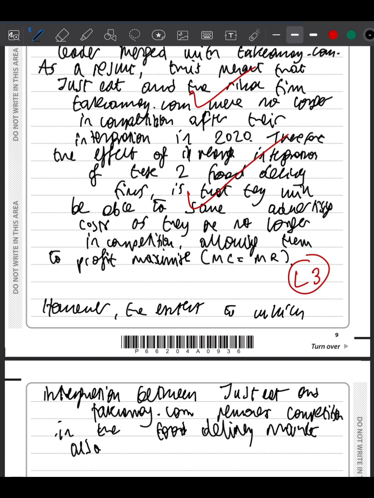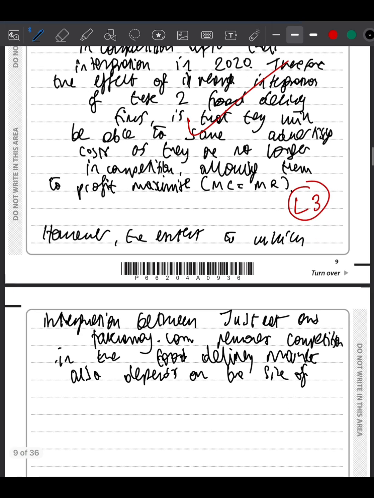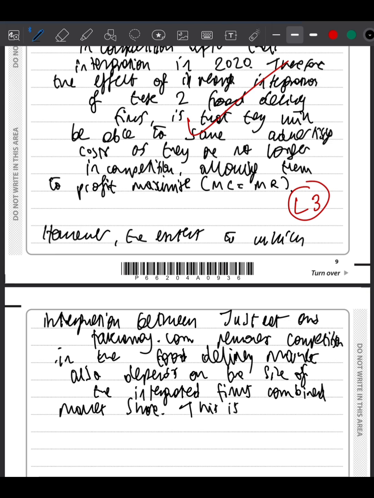However, the extent to which integration between Just Eat and Takeaway.com removes competition in the food delivery market also depends on the size of the integrated firms' combined market share. This is because, then you explain it.